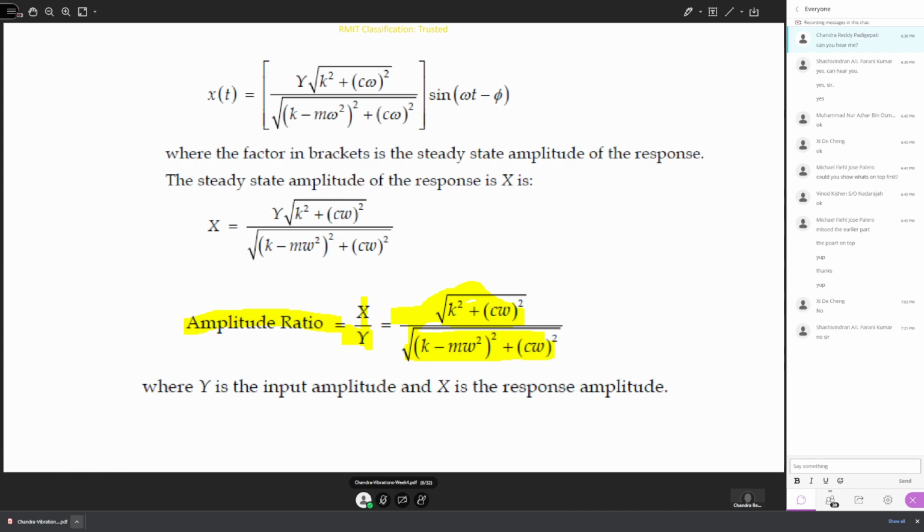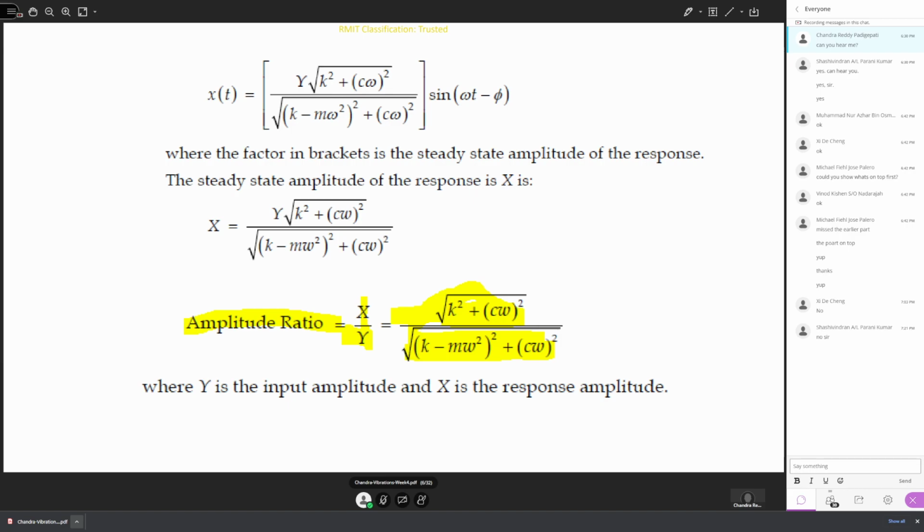So once we replace this, then the displacement of the mass due to the movement of the base x can be given like this.